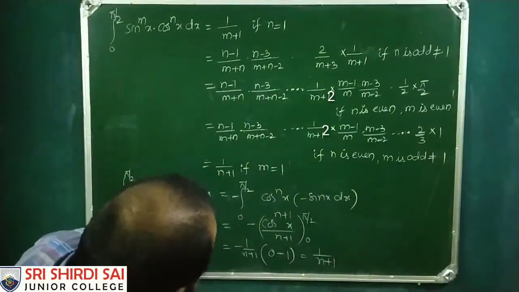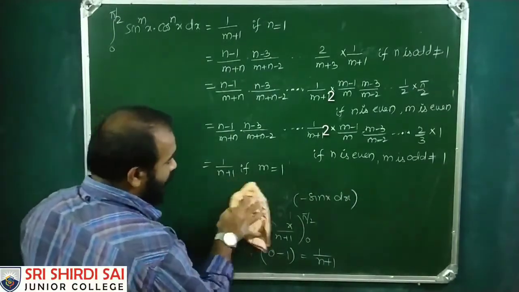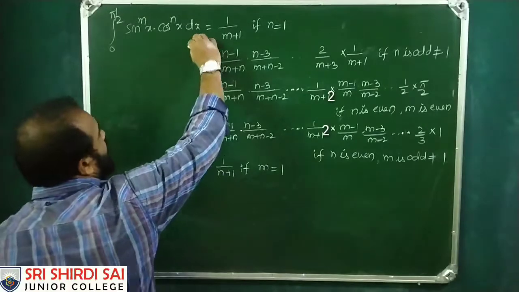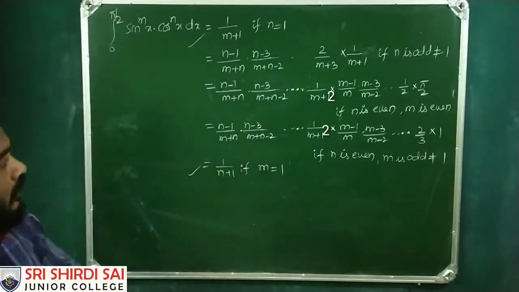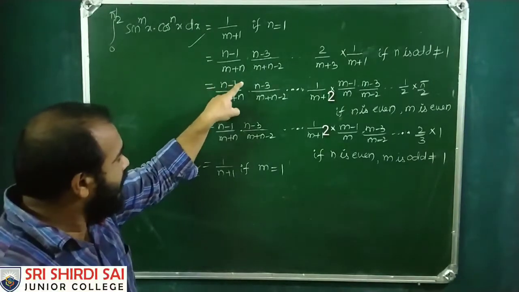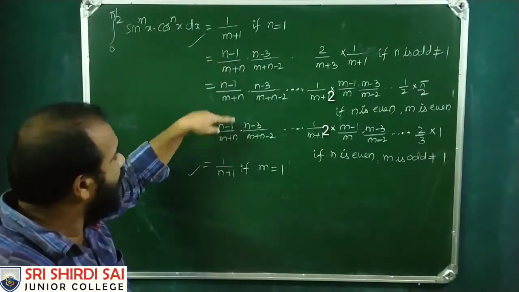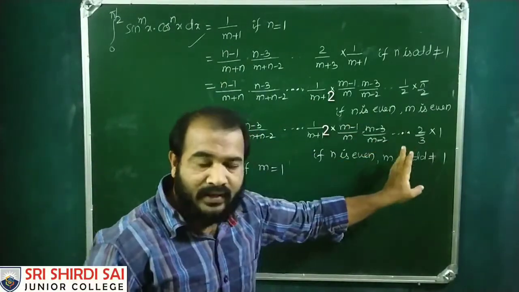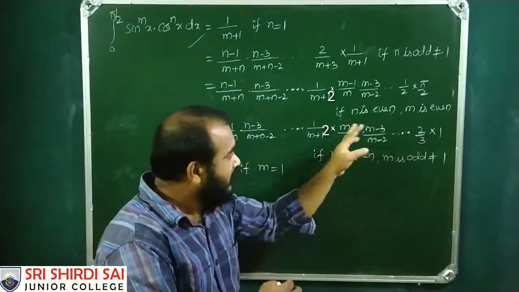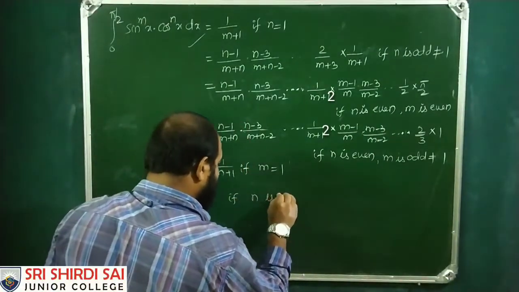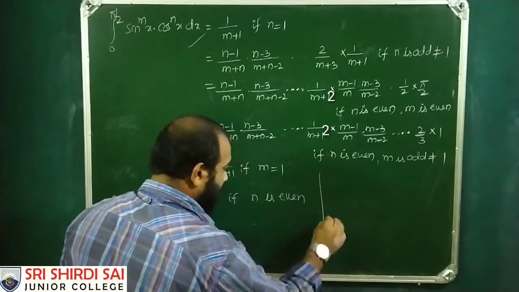So therefore we get these 5 formulae. The first and last you need not remember. As far as the middle 3 are concerned, n minus 1 by n is common among all of them, and this can be discussed in two ways: if n is even, and if n is odd.